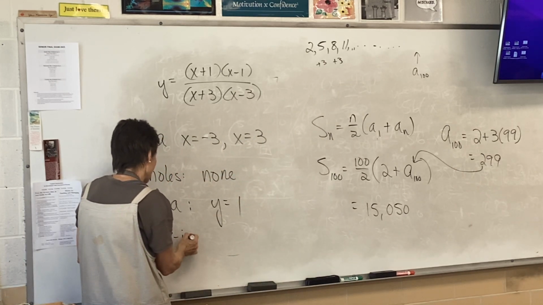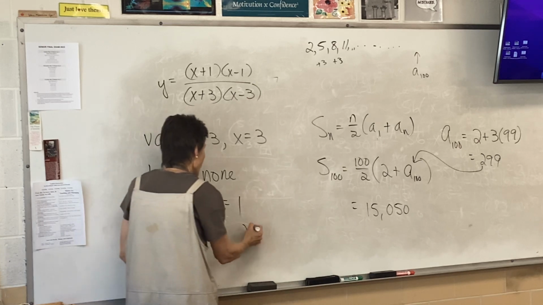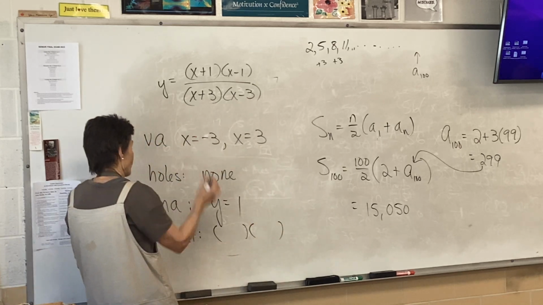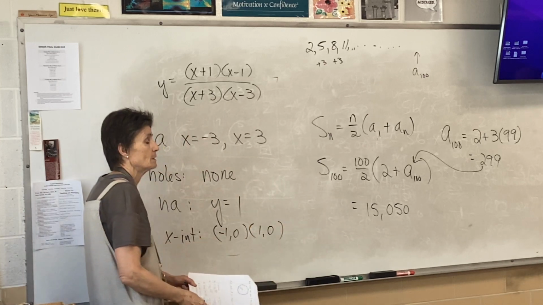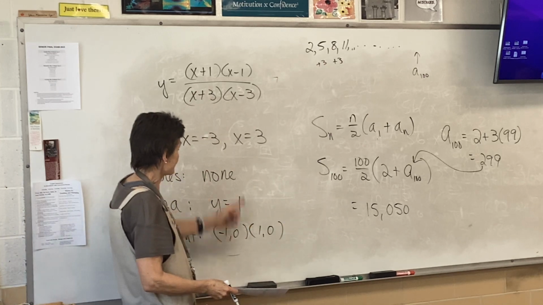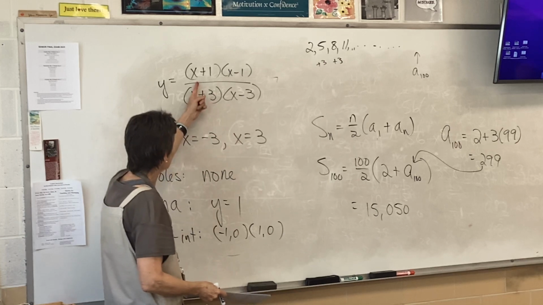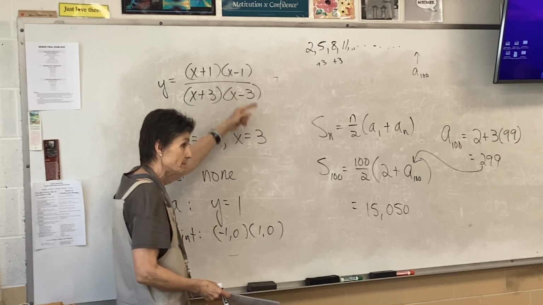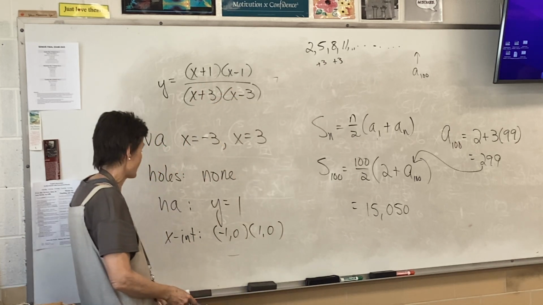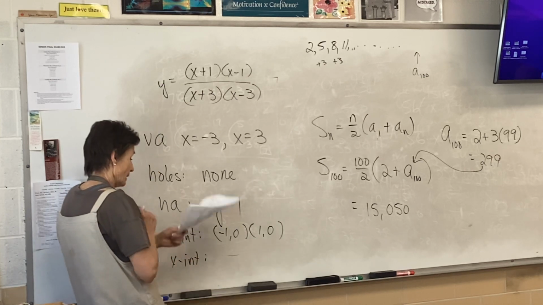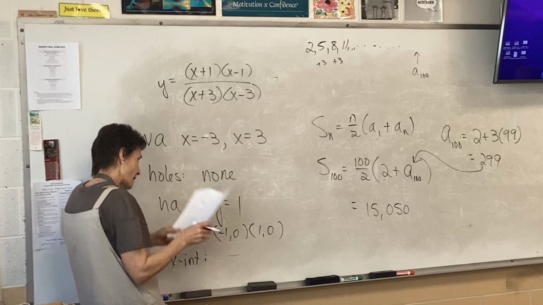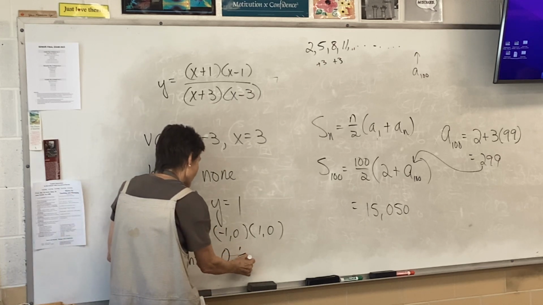X-intercept. Those come from the numerator. This is stuff you're going to need to review. What x's give me a 0? Well, -1 and 1. Those are x-intercepts. And then your y-intercept, let x be 0, and it looks like we get 1/9.